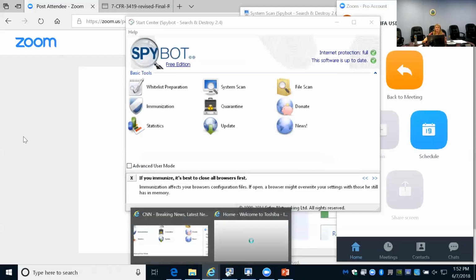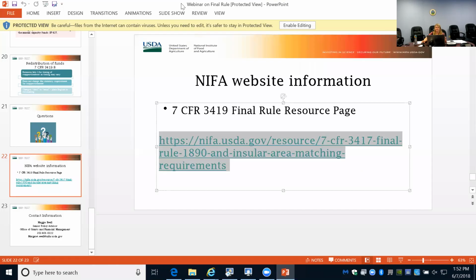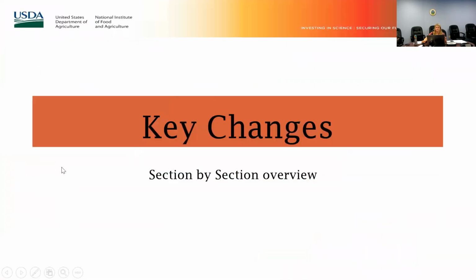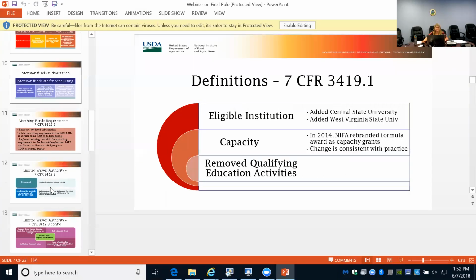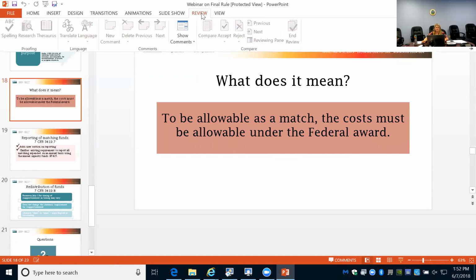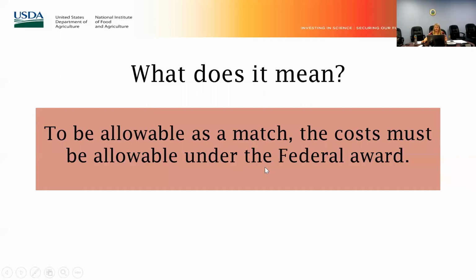Right, I'm trying to pull up slide 18 again. Is this the slide you had a question on? Slide 18?